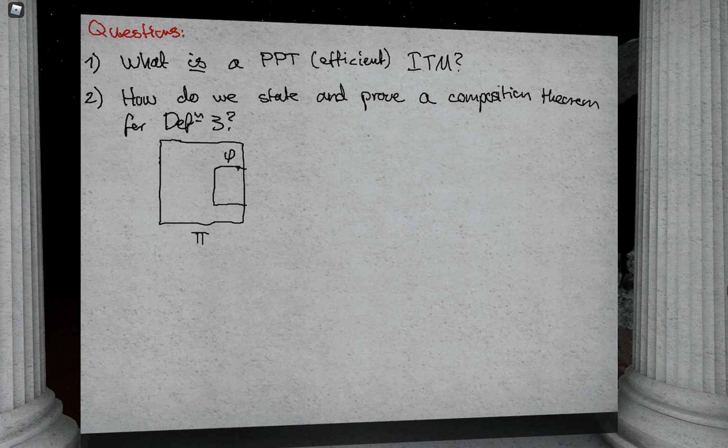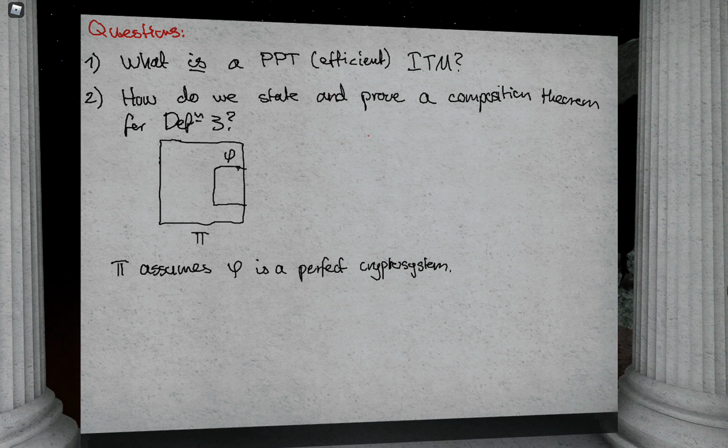And then pi assumes phi is a perfect crypto system, which of course doesn't exist, right? We can't construct a perfect crypto system that isn't the one-time pad.